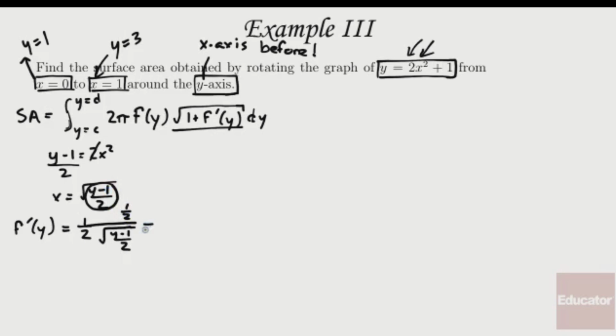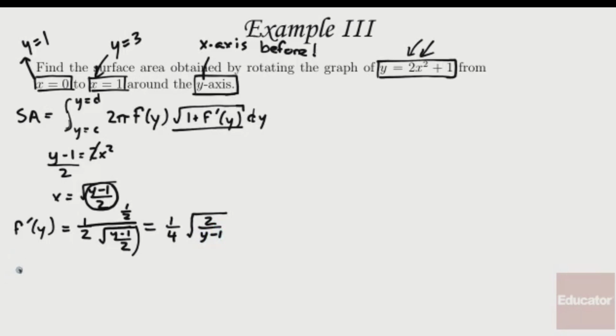So let me simplify this. I'm going to put the two halves together and get 1/4. And now this denominator, I'm going to flip it and bring it up to the numerator, so that's 2 over y minus 1.